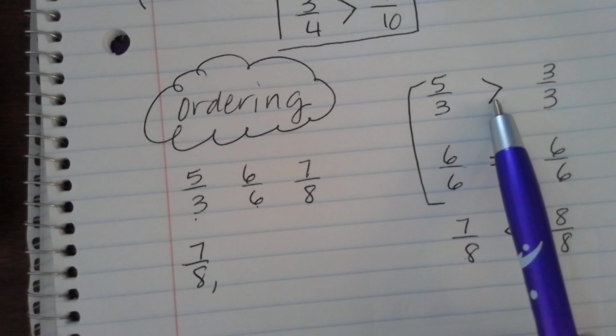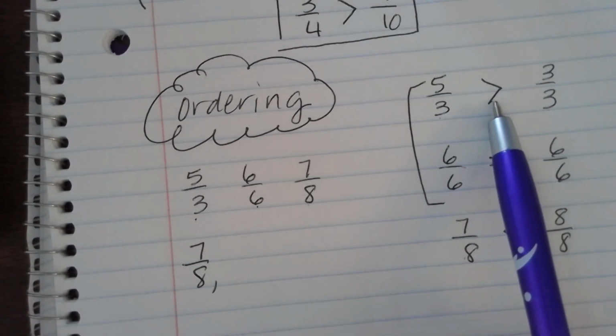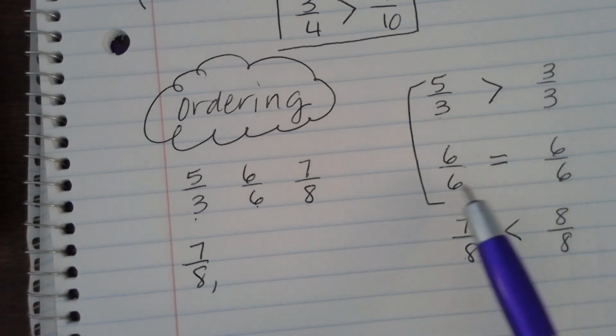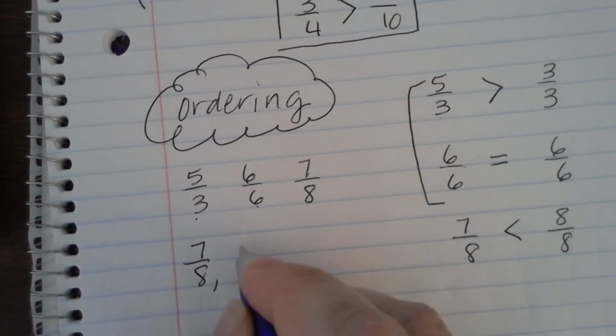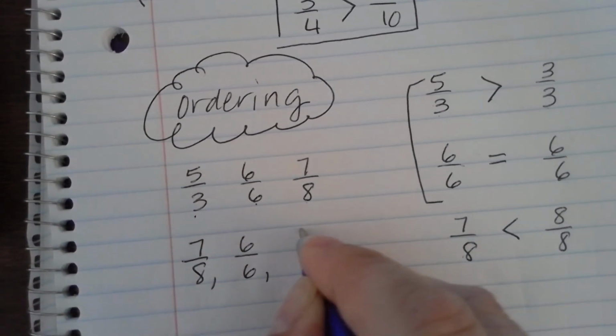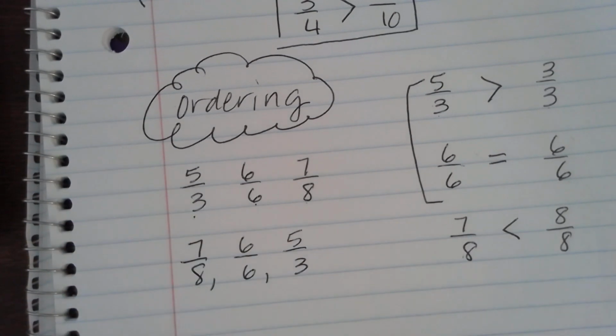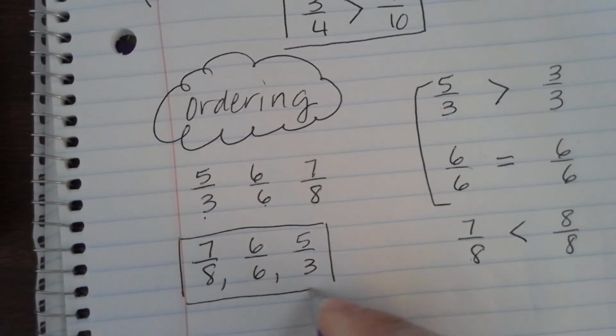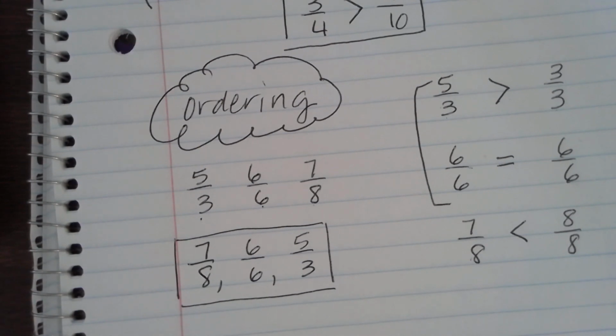So 5/3 is definitely bigger than a whole. That means my next number, if I'm going least to greatest, is going to be the 6/6, which leaves the 5/3. Okay, and this is your order, least to greatest. Any questions about that one?